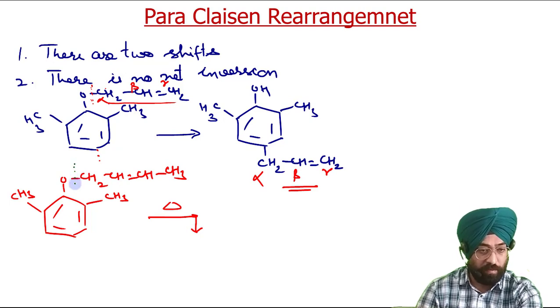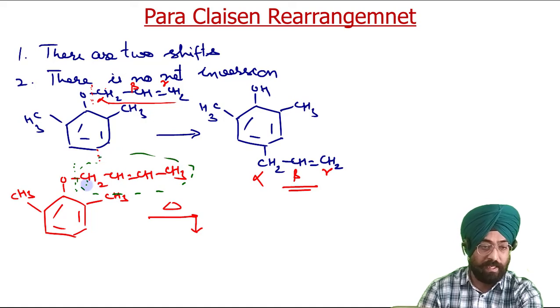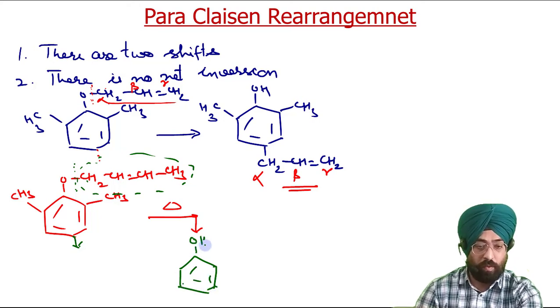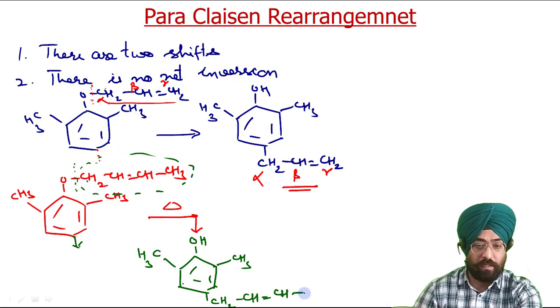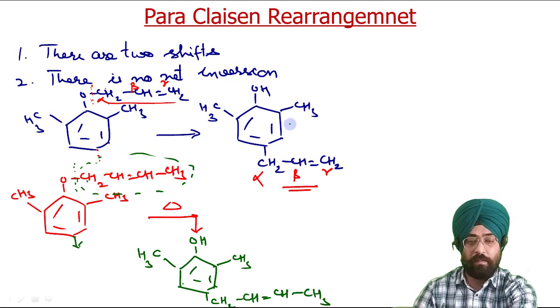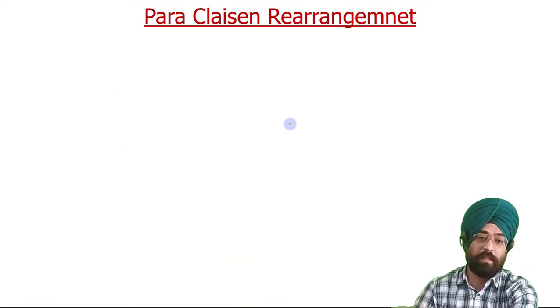We have to cleave here from here, shift this group as it is, and directly attach it here, and make that oxygen OH. So OH, here CH3, CH3, and here as it is in the same order CH2, CH double bond CH, CH3. So that is the product of para Claisen rearrangement, and we have already done its mechanism.